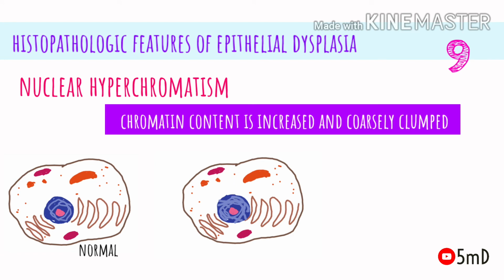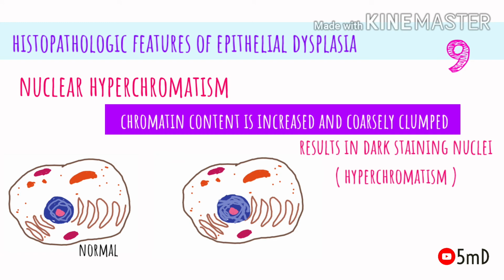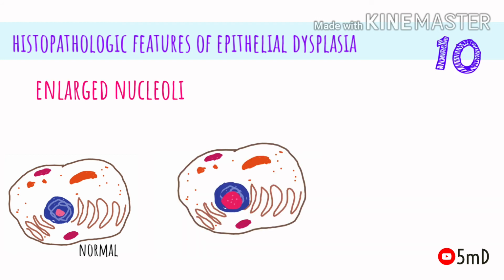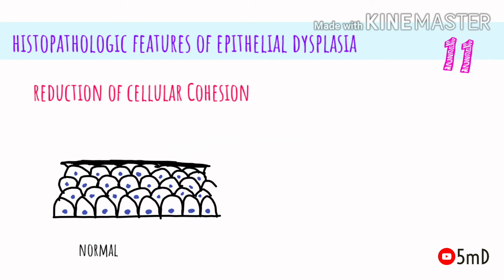Due to this, there is an increase in the amount of nucleoprotein resulting in dark staining nuclei, referred to as hyperchromatism. Like the increase in nuclear chromatin, there is also an increase in size of the nucleoli, and therefore the nucleoli appear enlarged.